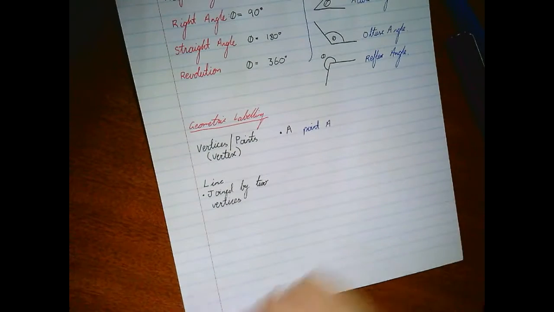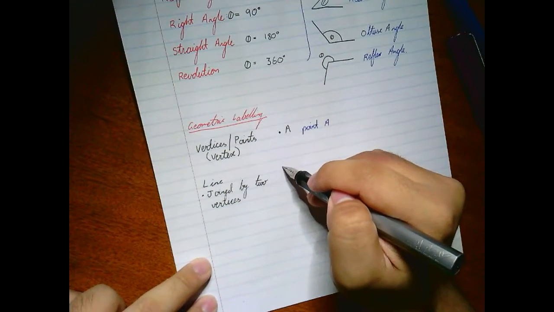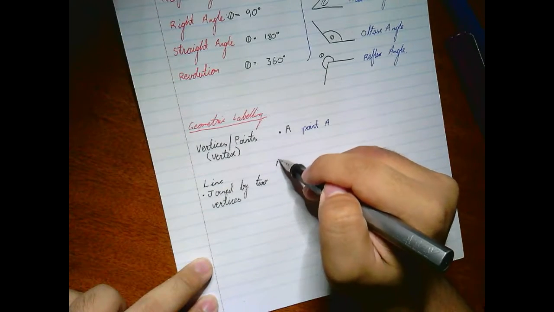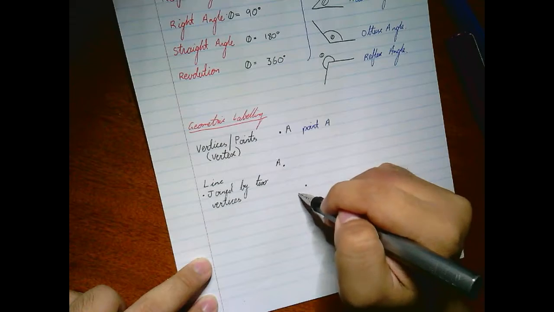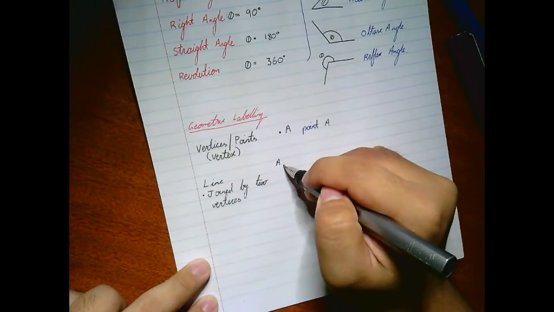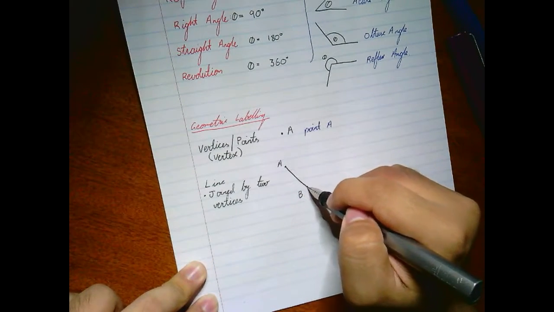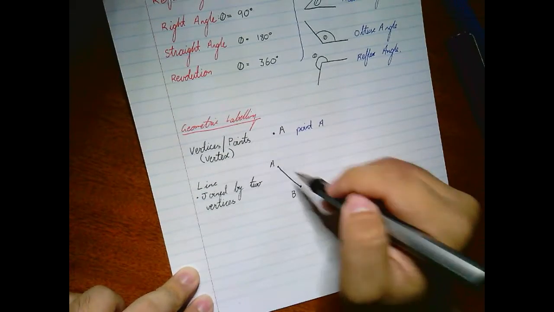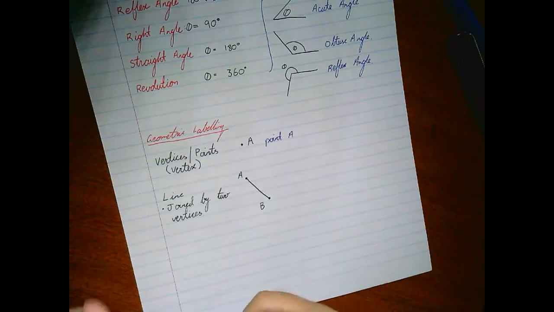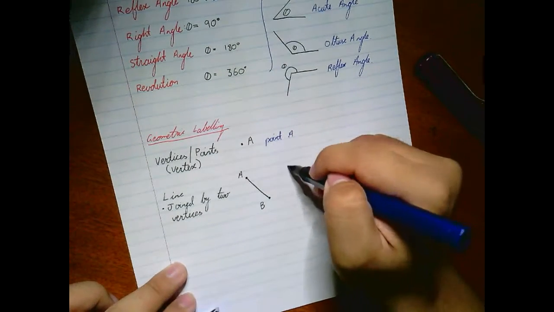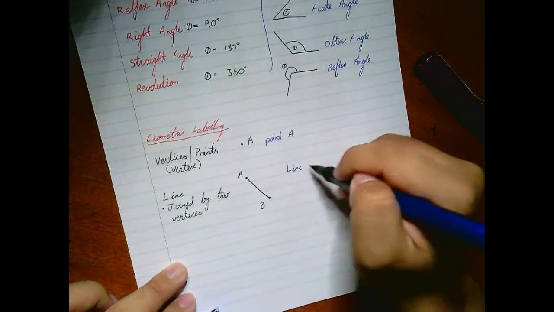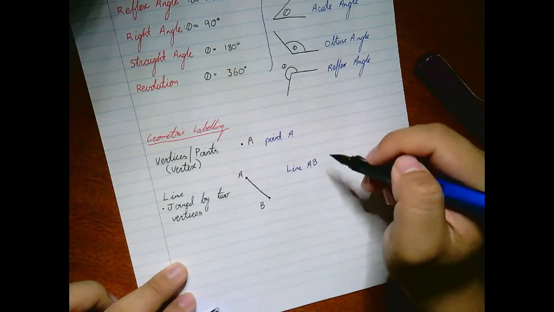So here's point A. There is point B. If we join those two, we can call this line AB.